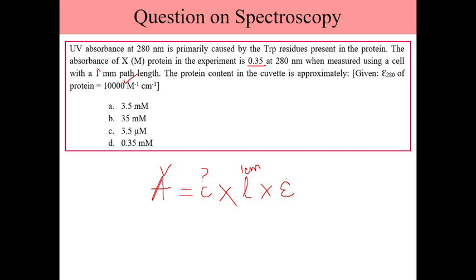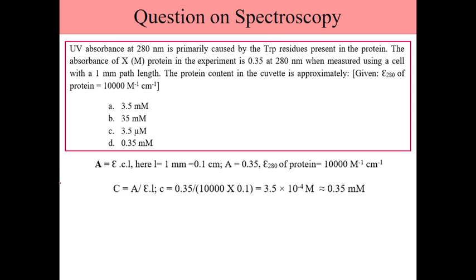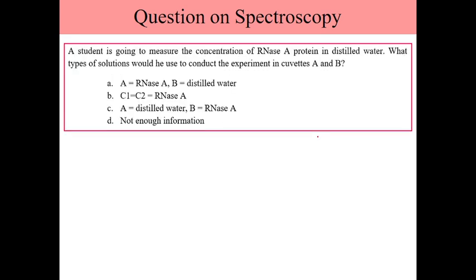So this value, 1 millimeter, you put here as 0.1 centimeter. Then what do we get? We get the value of concentration, and the value is coming as 0.35 millimolar. Okay, so now this is a very funny question. Let's see what they have asked.